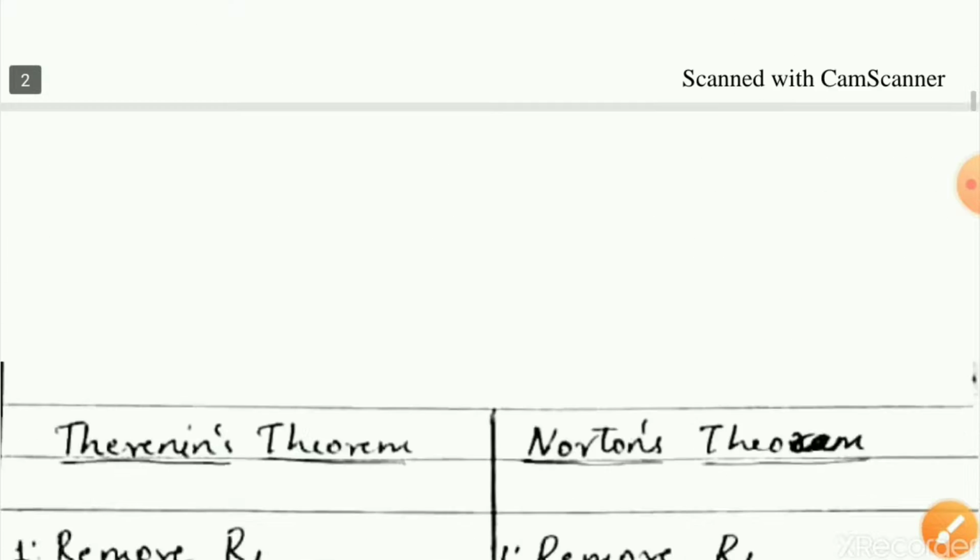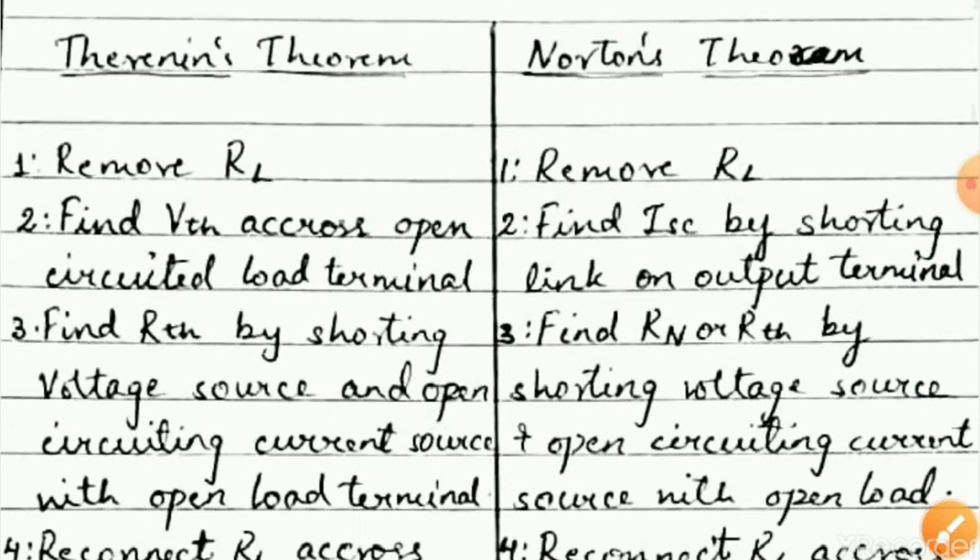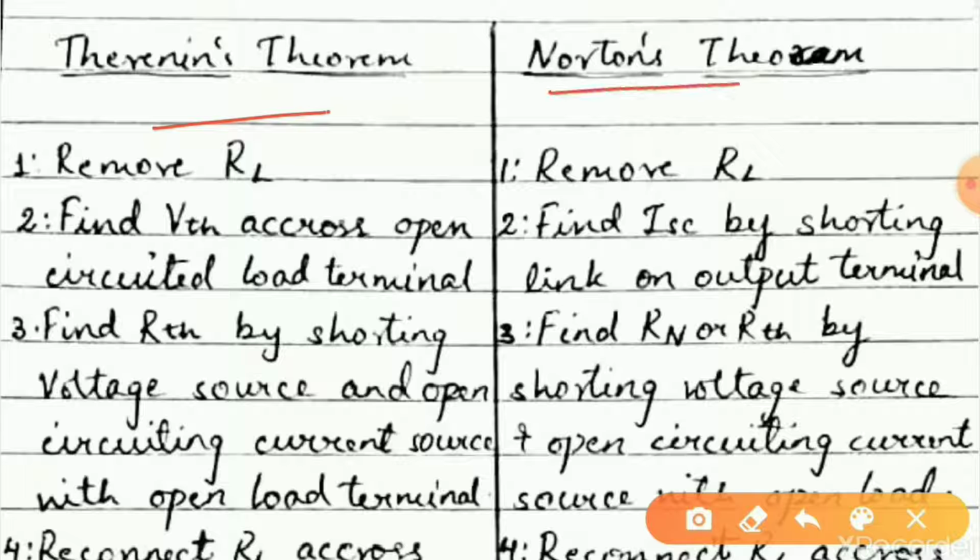Let us have a study about procedure for solving any numerical in case of Thevenin's and Norton's. Step 1 in both the cases is to remove load resistance RL. Step 2 for Thevenin's is to find equivalent Thevenin's voltage VTh by open circuiting load terminal.